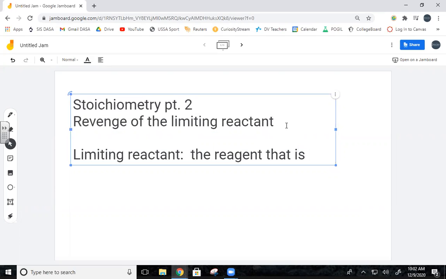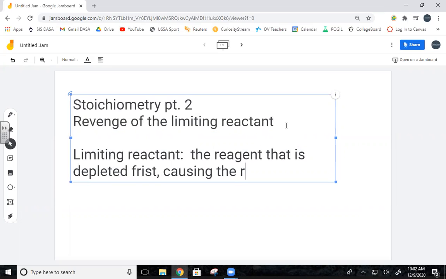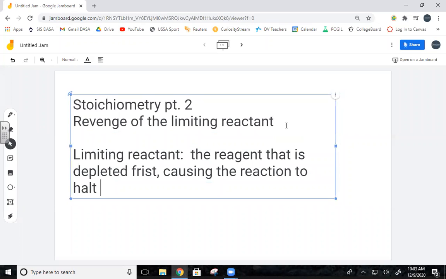That is depleted first, causing the reaction to halt before all reactants are consumed. Does that make sense? We're gonna look at some examples.